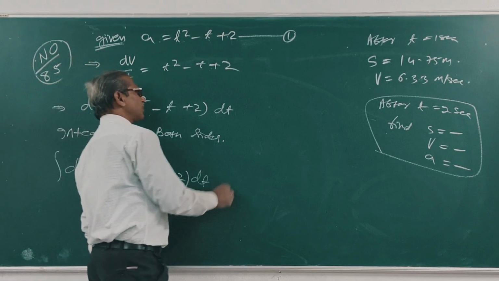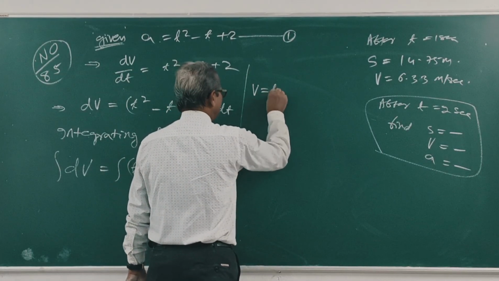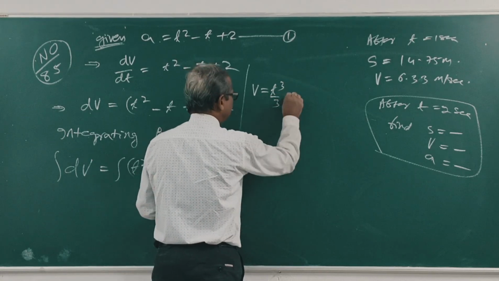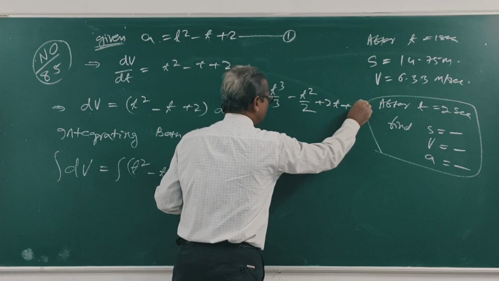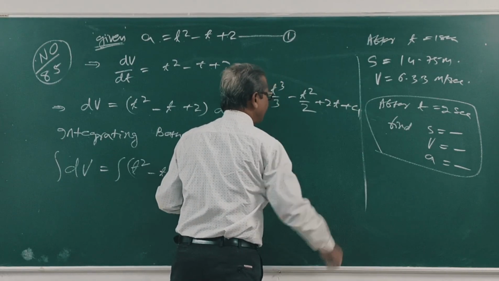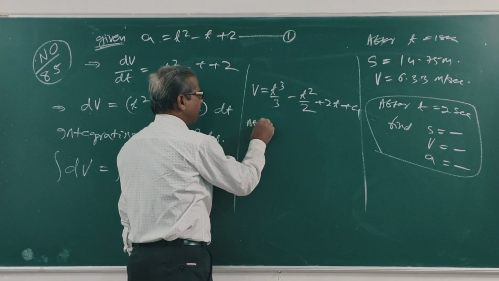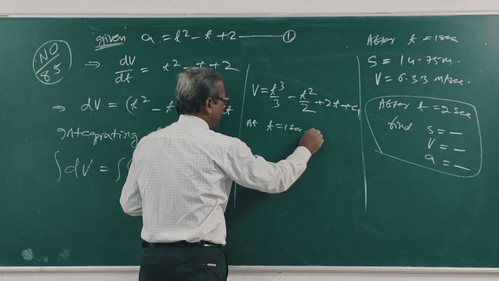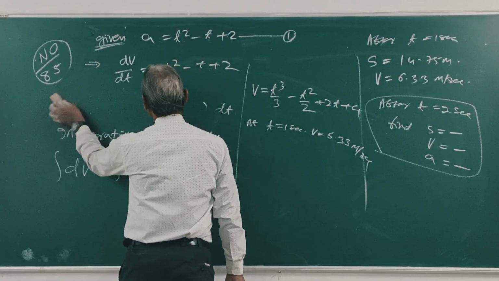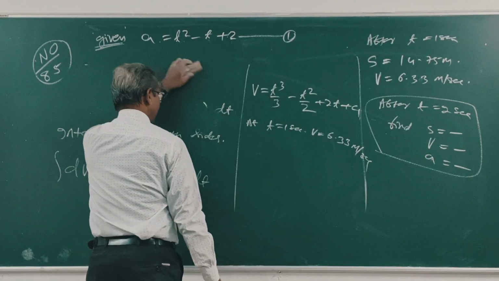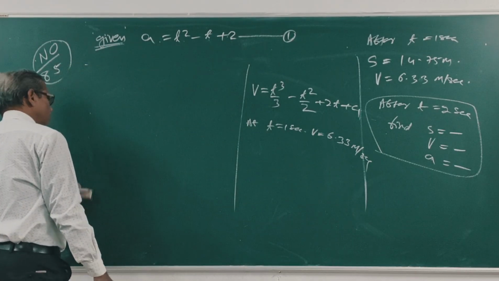Now, v is equal to T cube by 3 minus T square by 2 plus 2T plus C1. Clear? The condition given is at T equal to 1 second, v is equal to 6.33 meter per second. This is the condition. So put the values in this equation.